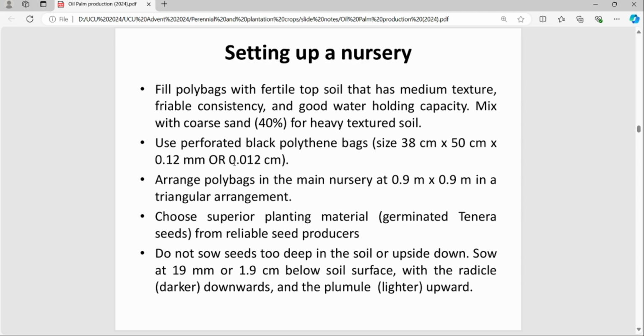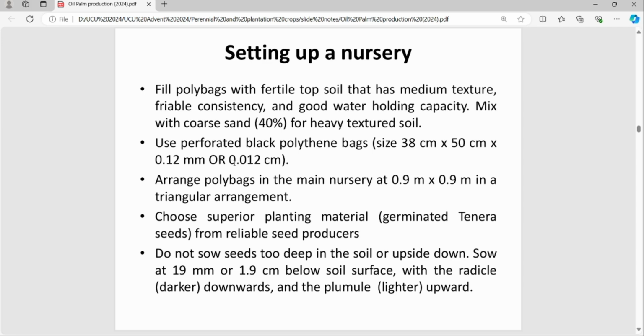We also see that it is recommended that you use superior planting material, especially from the hybrid variety, which is Tenera. And then you do not sow seeds too deep within the polybags because that will reduce the speed at which they germinate. So when you're burrowing, the seeds do not exceed maximum 2 centimeters, but the recommended is 1.9 centimeters below the surface.